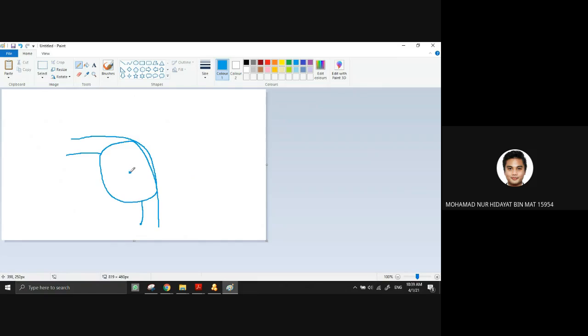This is the blade, and then the water from here goes here, and then this water is 100%. This is confined flow. There is no free surface. So it is 100% filled with water.